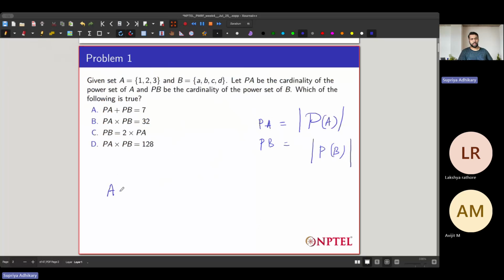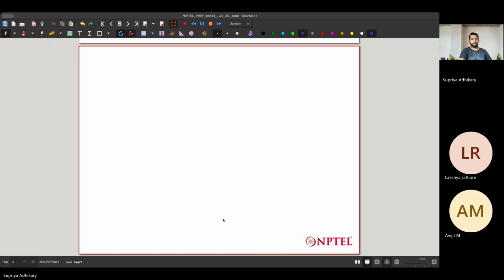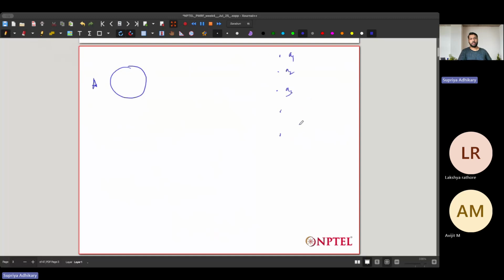If the cardinality of a set is n, then the cardinality of the power set is 2 to the n, and we can very easily prove that. So how? Consider the set S with elements a1, a2, a3, a4 up to an.